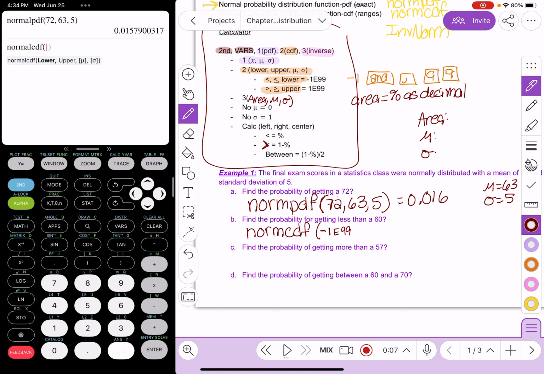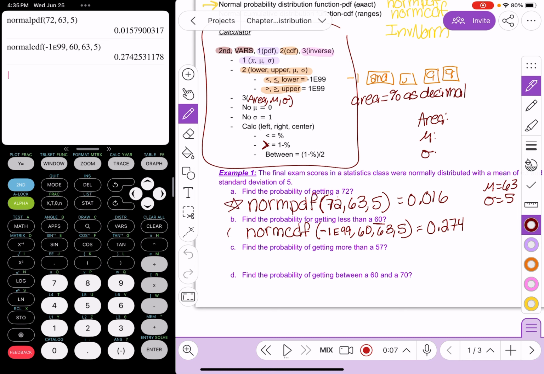So -1 E second comma 99. That's our lower because we're less than. Our upper limit is what we're trying to get to. Then we do our mean and our standard deviation. So 60, 63, 5. So on the calculator, you would just type each thing separate. Then you'd hit enter and you get 0.274.